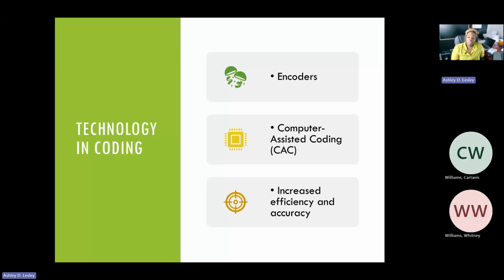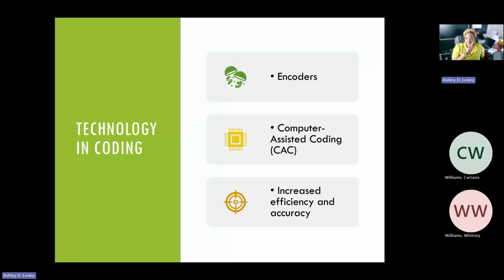So encoders are actually digital coding programs. So instead of flipping through a book to look through the codes, like Whitney said she did in her ICD billing and coding course, that is the OG way. That's how I learned. But there's also encoders. So if I need to know a code these days, I will go into my reimbursement program.